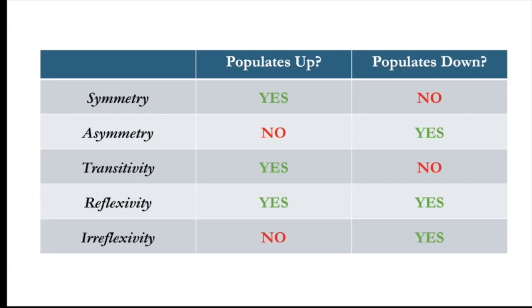So does it work only up in its own chain, or does it work up in the inverse of its own chain, or down? I believe in just about every one of these cases I've checked, they mirror each other. So if irreflexivity can't populate up, then that would mean that if you had B, it's not going to be irreflexive with the inverse of A.